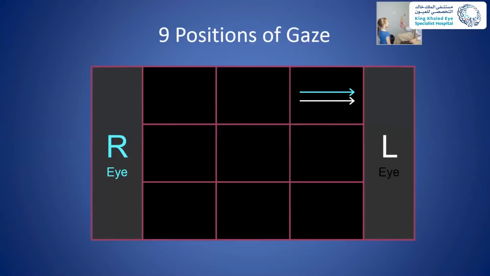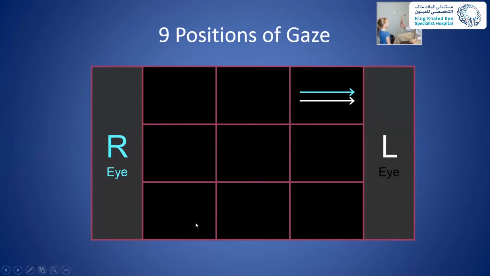Now, it is usually very difficult to assess nystagmus. But to make life easier, I usually draw a cross like this in the charts. I make up my mind to look at the child or the adult at one position at a time, and I write it down.